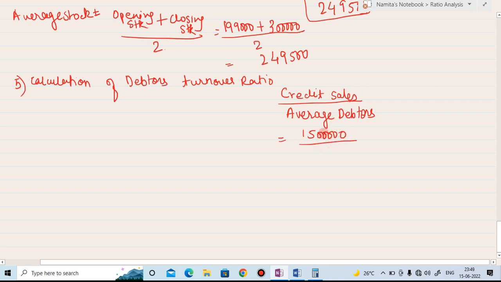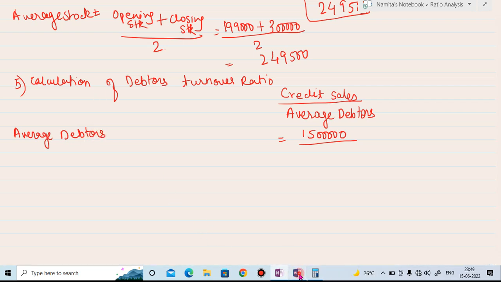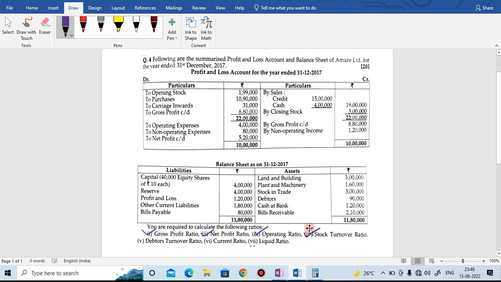So 15 lakhs upon average debtors. Now we don't have average debtors, so we have to find it. Average debtors we can calculate by opening balance of debtors plus closing balance of debtors, then divide by 2. Here in this example, opening and closing balance of debtors are not given.